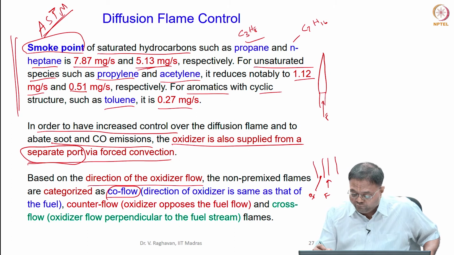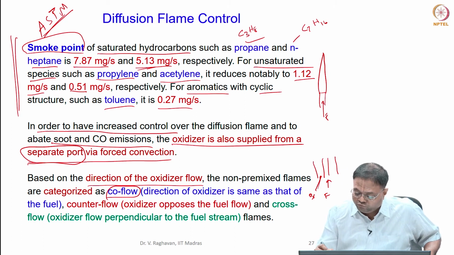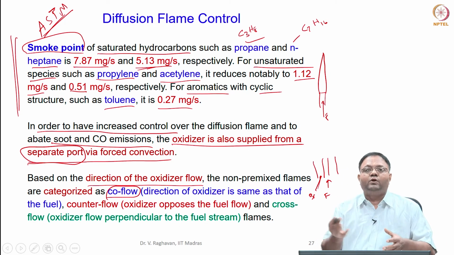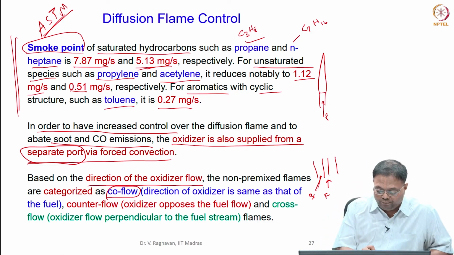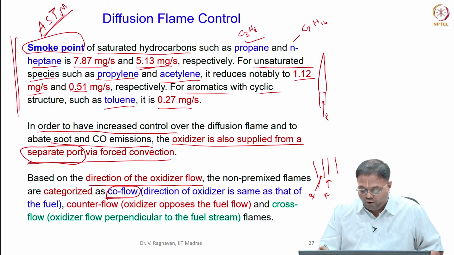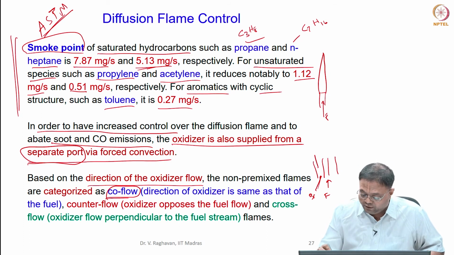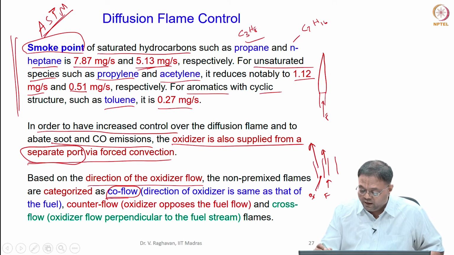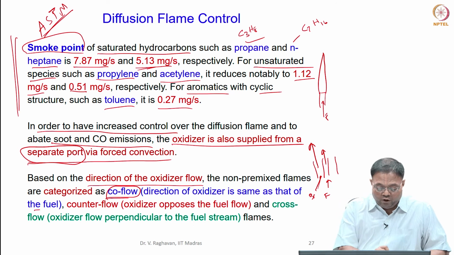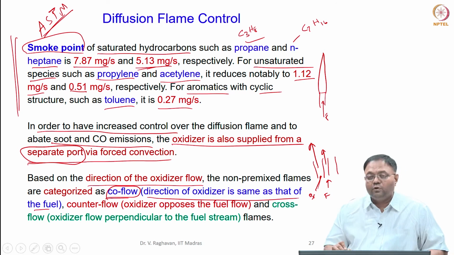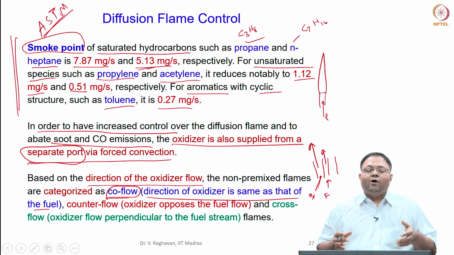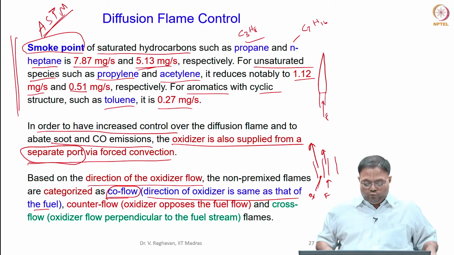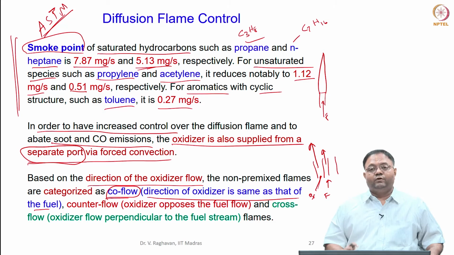So fuel comes out of this flow, and oxygen is forcibly coming out of the annular region surrounding the core fuel port. This is called co-flow. The direction of the oxidizer and the direction of the fuel are the same, correct. So the oxidizer co-flows along with the fuel. This is one configuration we have.